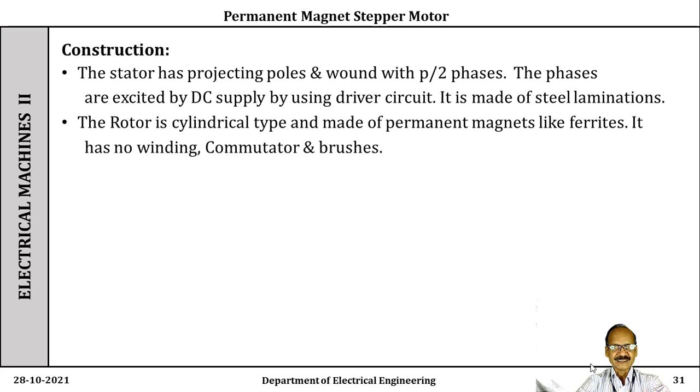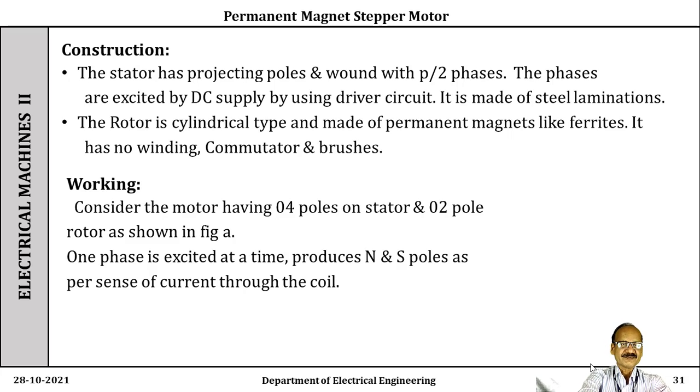The rotor is cylindrical in type and made up of permanent magnets like ferrites. It has no winding, commutator and brushes, so no external source is required for the rotor; the DC source is required only for the excitation.